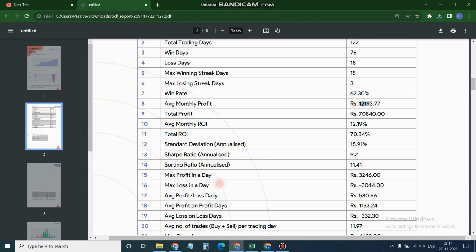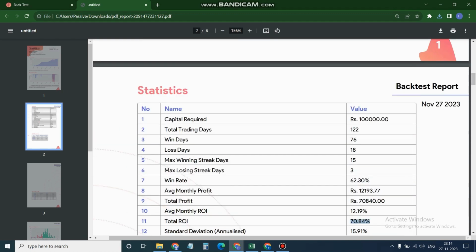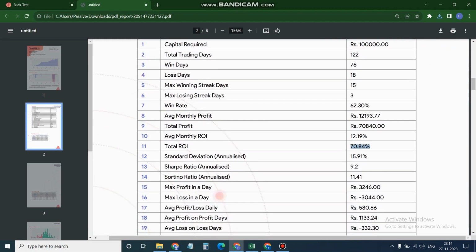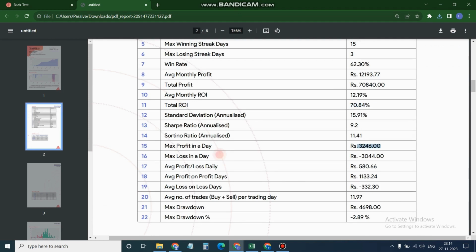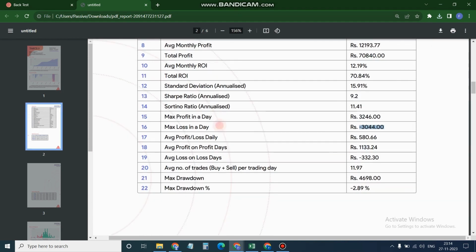Average monthly profit 12,193 rupees, which will be 12.19% monthly return, and then total return is 70% for the 6 months, and compared to 1 year it will be 140%. Then maximum profit in a day 3,246, maximum loss 3,000 rupees.